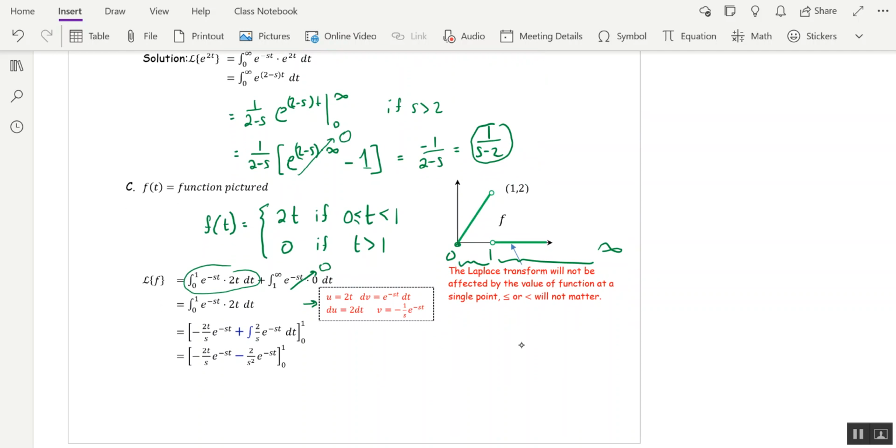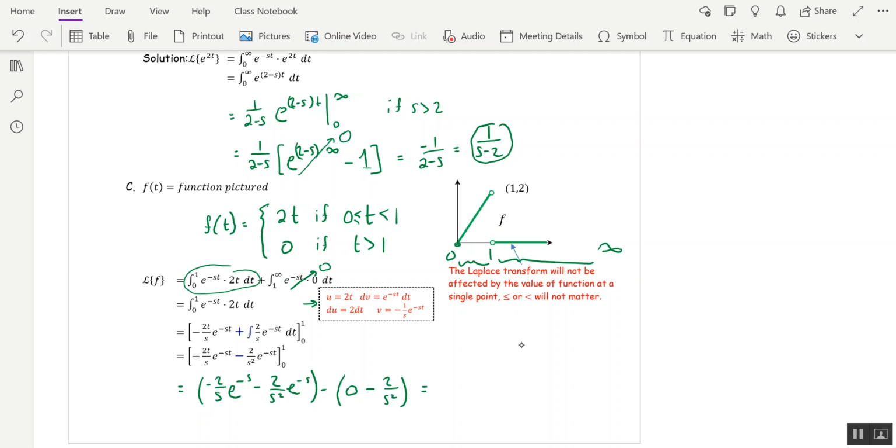I've evaluated my integral, and I'm going to evaluate this answer between 0 and 1. Now be careful here. The variable's t, not s. So you're plugging 1 and 0 in for t. So we're going to get negative 2 over s e to the negative s minus 2 over s squared e to the negative s, minus, when we put in 0, we get 0 in the first part, and then minus e to the 0 is 1, so 2 over s squared.